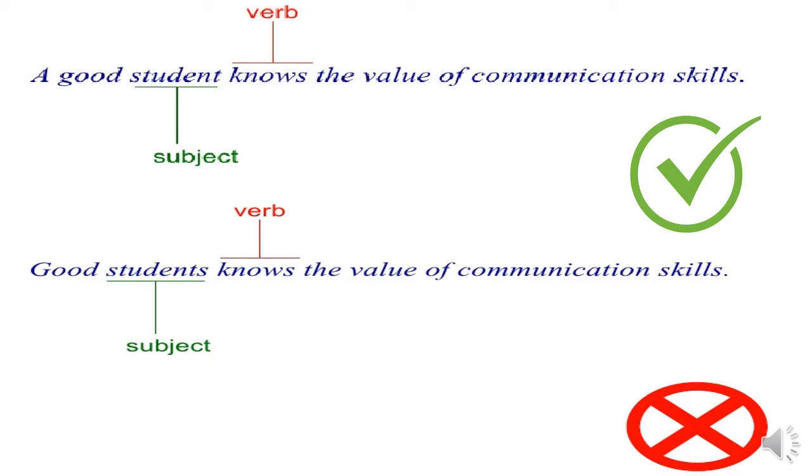So it should have been good students know the value of communication skills. So these are the main things that you have to note down, children. You have to note down the subject of the sentence first, and then you have to see the correct verb which has to be used after the subject.